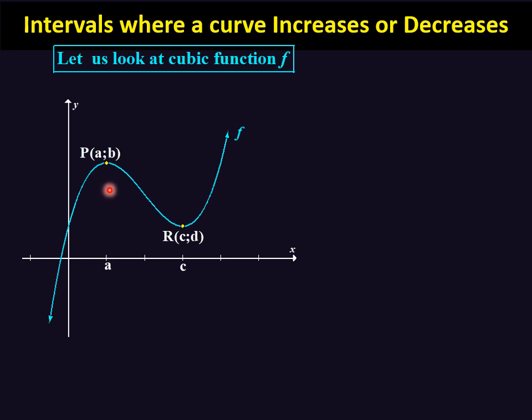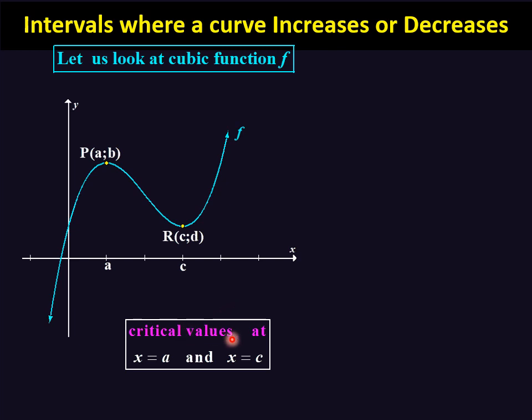And at the local minimum I have a value a associated with it, which is the x coordinate. What do we refer to the a and the c here? That's correct, the critical values, right? Critical values are the x coordinates of the local maximum and the local minimum. Now if I want to find out where the curve increases or decreases, always start from the left side.